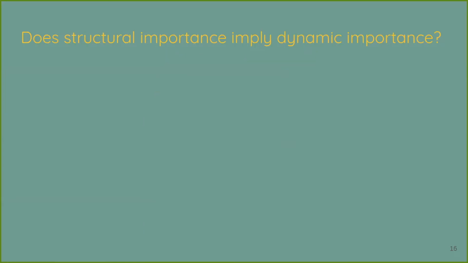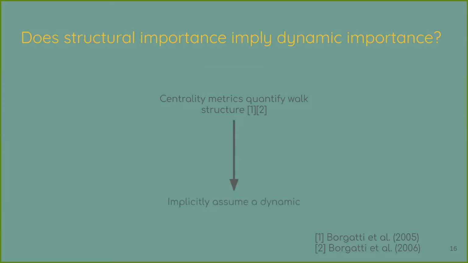That's quite crucial to understand, because when people apply centrality metrics to understand, let's say, disease spreading, they often come up with a different centrality metric that behind the scenes also implicitly assumes a dynamic. And when the dynamic doesn't match the system you're looking at, you can get different claims about which node is most important.